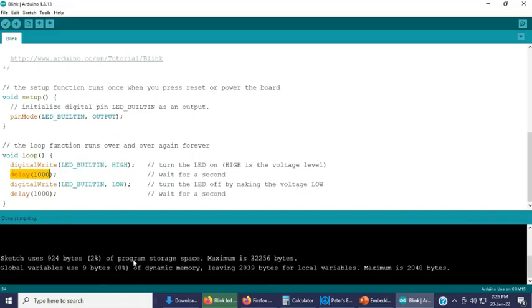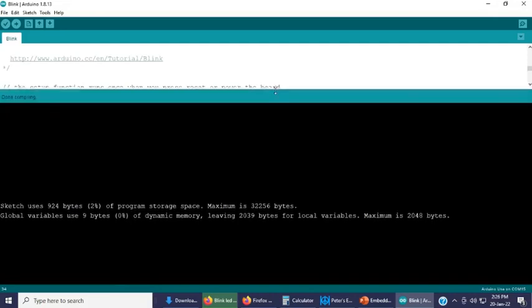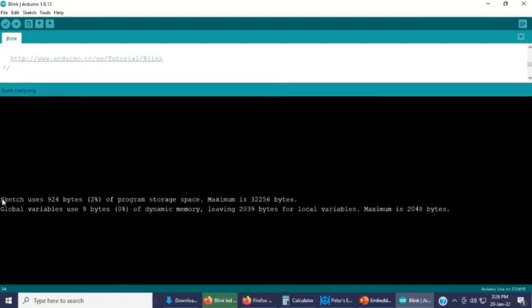So now, what I wanted to show you, after compilation, you can see one message here. It says sketch uses, I hope you can see this, right? Yes, sir. Okay, so here it says sketch uses 924 bytes of the program storage space. Maximum is 32 kilobytes.